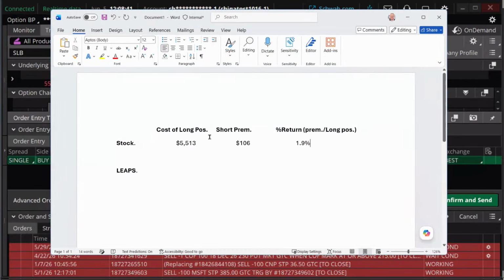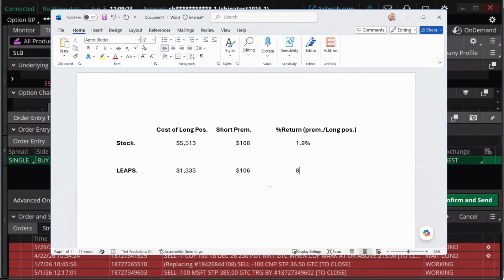So I'm going to consider doing the same thing. You may be going, well, that's kind of an expensive contract, a $1,335 expense. But if I sell the same short contract, still $106, and take that 106 and divide it by 1335, I end up with about an 8% return.